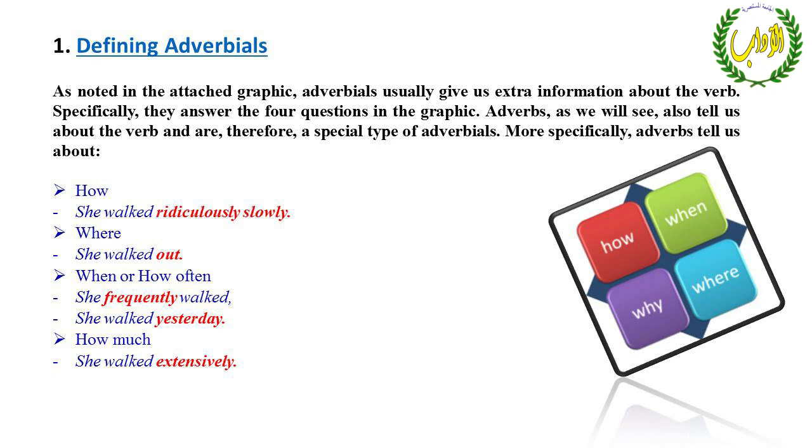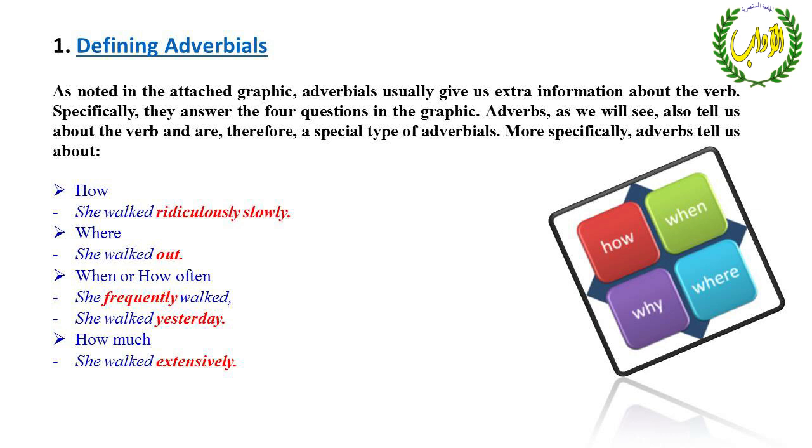Let us start by defining adverbials. As noted in the attached graphic, adverbials usually give us information about the verb. Specifically, they answer the four questions in the graphic. Adverbs, as we will see, also tell us about the verb and are therefore a special type of adverbial.